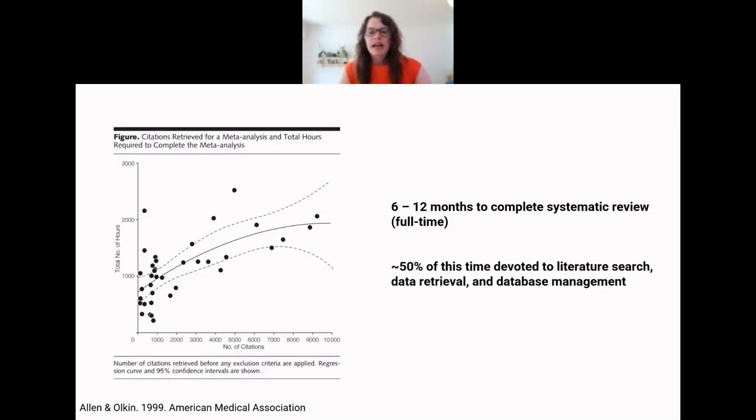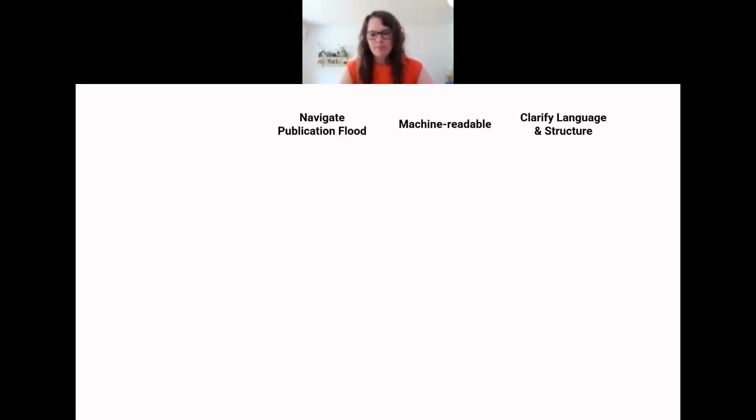And of the total time that it takes to get a systematic review from conception to submission, about half of that time is devoted to pre-analysis literature search, retrieval, and database development. So you can imagine if we could create publications from the outset that are machine readable, we could leverage the power of machines to drastically streamline the process of data collection and organization and reduce the amount of time that it takes to conduct a meta-analysis or other synthesis.